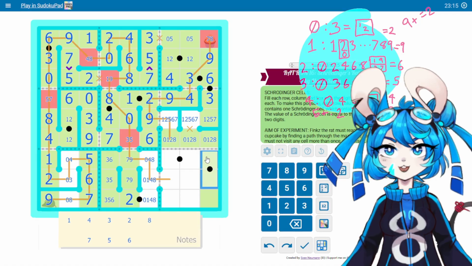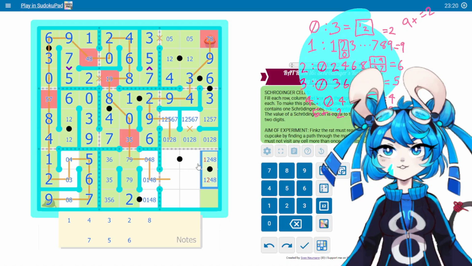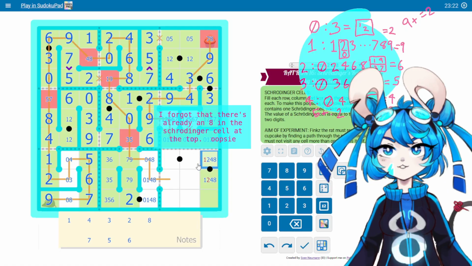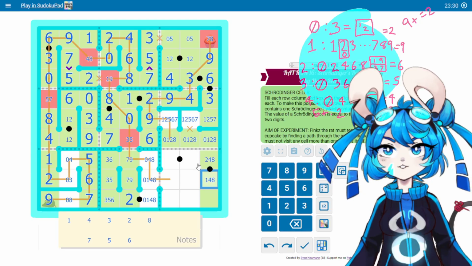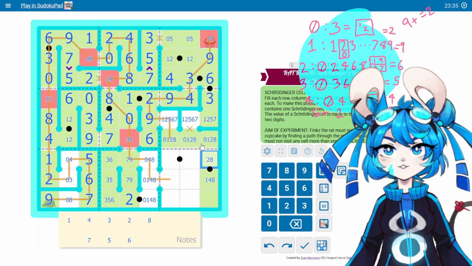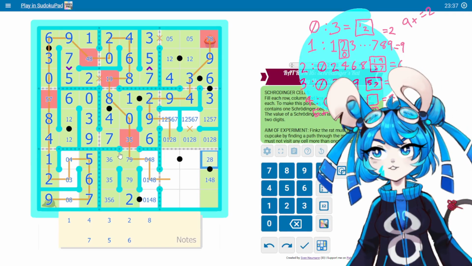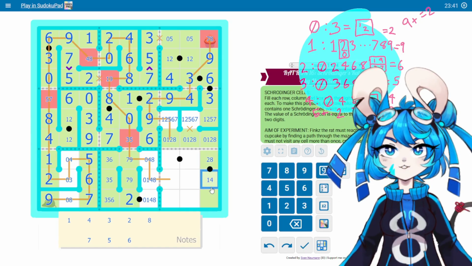This has to be a vanilla crop key, and it can't be 3, 6, so it has to be 1, 2, 4, or 8. Well, this cell does contain a 4, so this can't be a 4 either. Which means this cannot be 8.